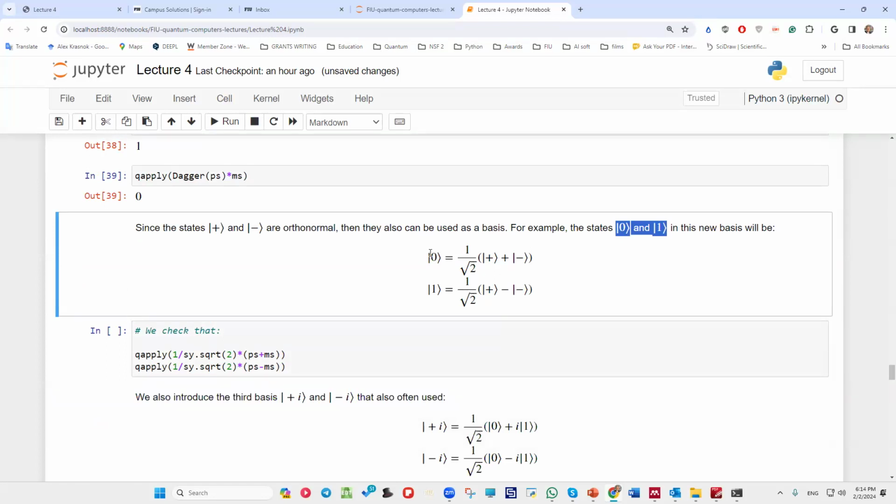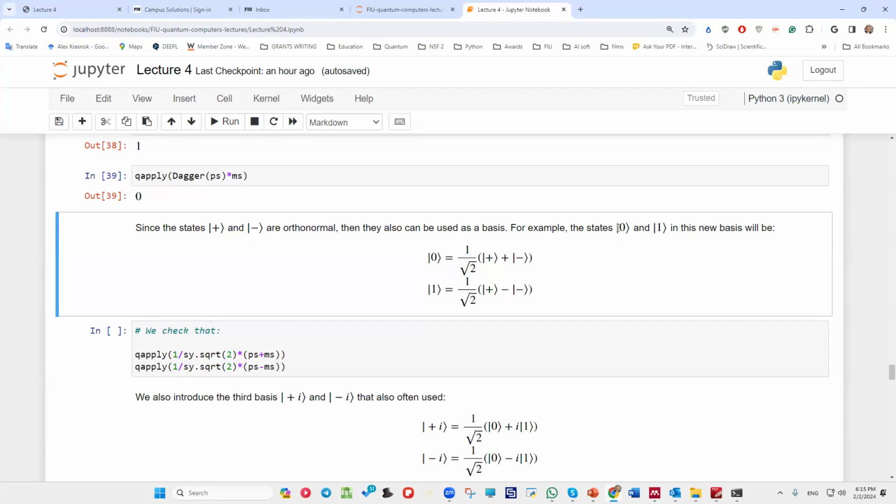But we can also describe the same qubit using the states plus and minus. And this is just an alternative description of the same vector, of the same qubit, of the same system. The result will be completely the same, regardless of which basis I use. But sometimes one is more preferable than another one. Okay.